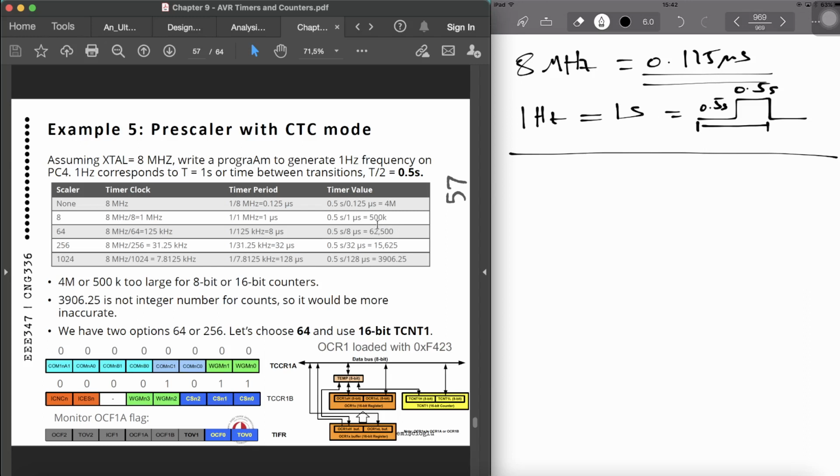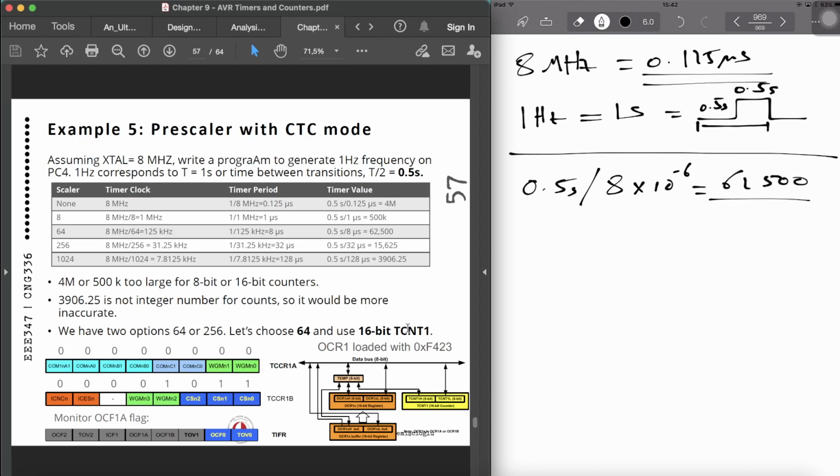64 looks easier to deal with. 62,500 is the value that we need to load into the TCNT1 register. That means 0.5 divided by 8 times 10 to the power minus 6 gives us 62,500.